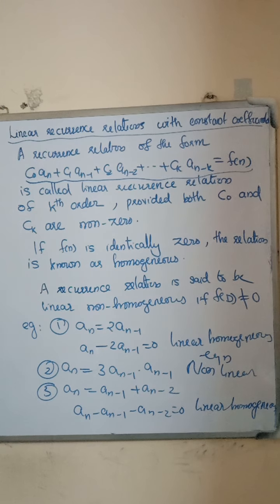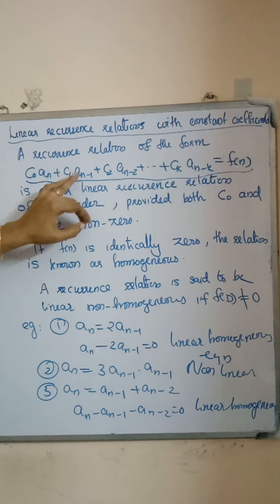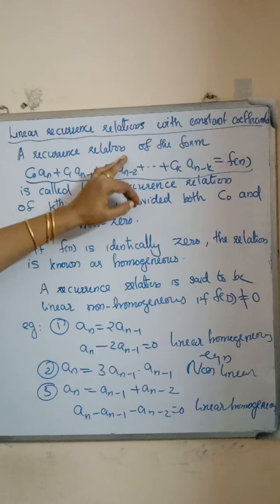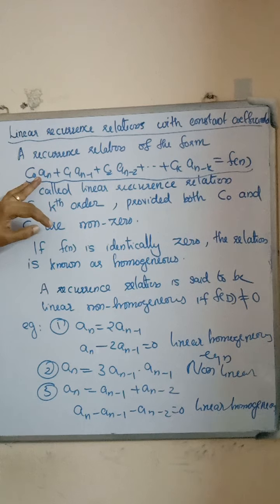We know that a linear equation has a variable with power 1. Similarly here, power of an is 1, an minus 1 is 1 and an minus 2, etc. If the powers are 1, then that equation is linear. Homogeneous means f of n is equal to 0. If f of n is equal to 0, then that recurrence relation is homogeneous. Otherwise it is non-homogeneous. Okay.